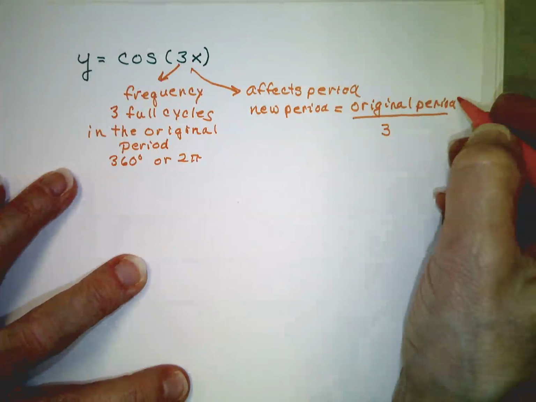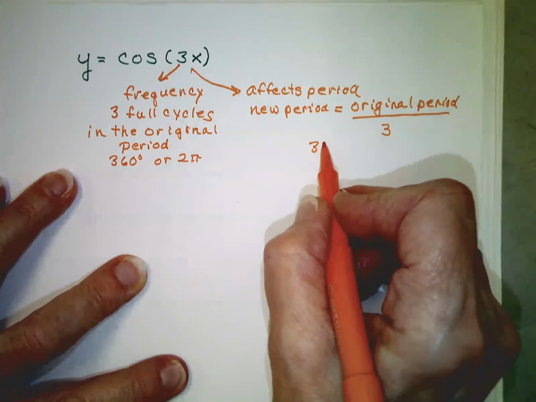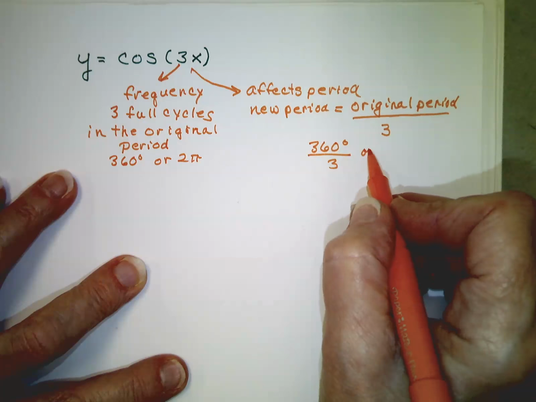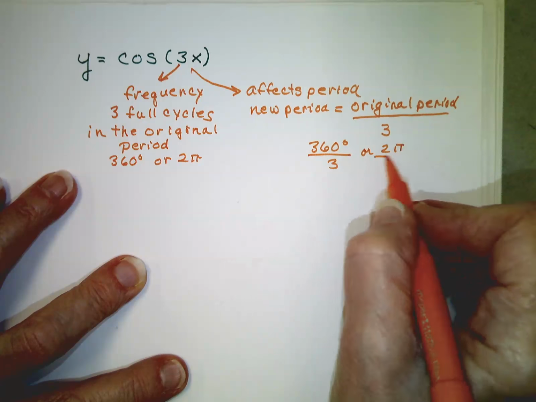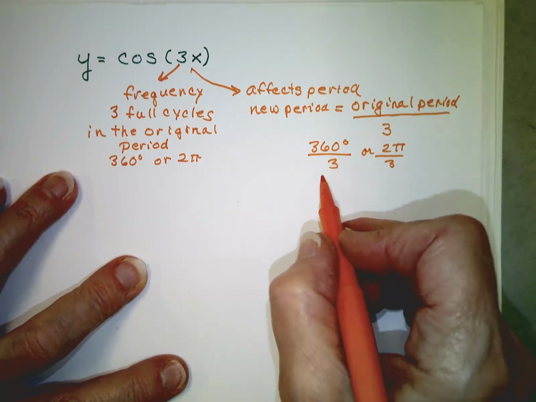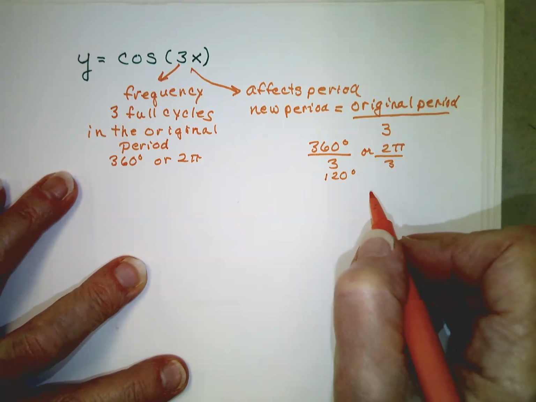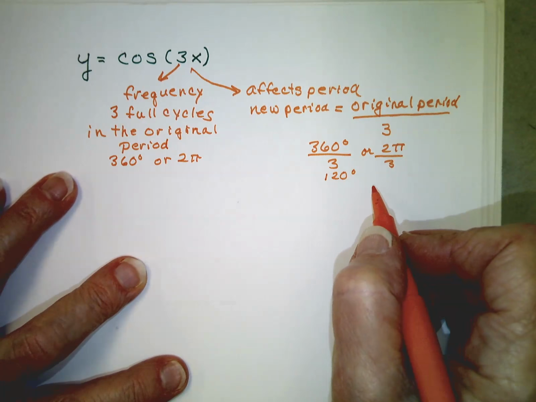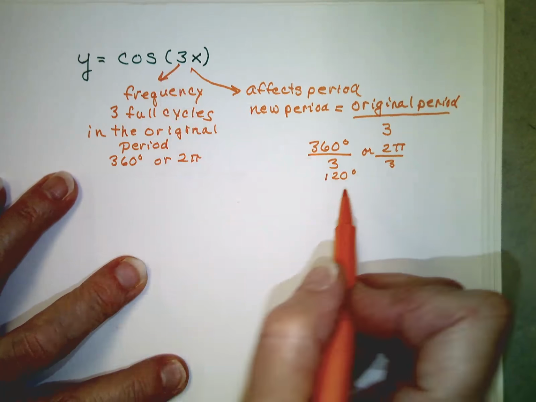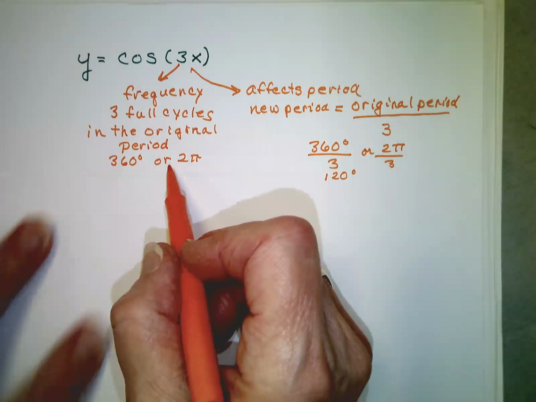So if the original period on the cosine graph is 360 degrees, or if it's 2 pi, it doesn't need 360 degrees to get the whole job done. It only needs 120 degrees. So this new function is going to have a shorter period, and we'll get more cycles in the time that we used to get in only one cycle.